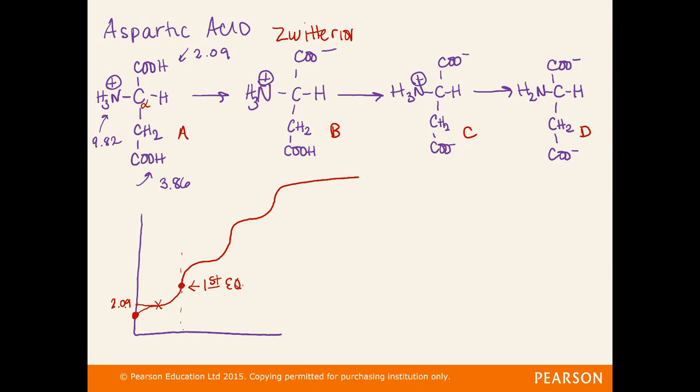Okay, so first equivalence, we'll have only B. Second equivalence, we'll have only C. And third equivalence, we'll have only D. And then we can highlight, and maybe I should have put this in a different color.